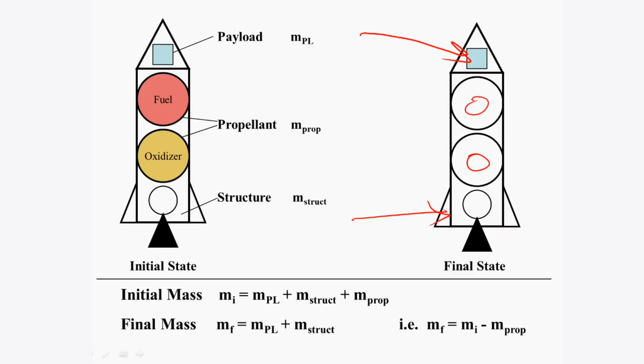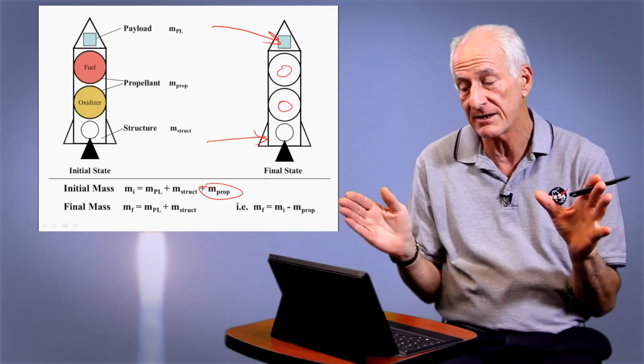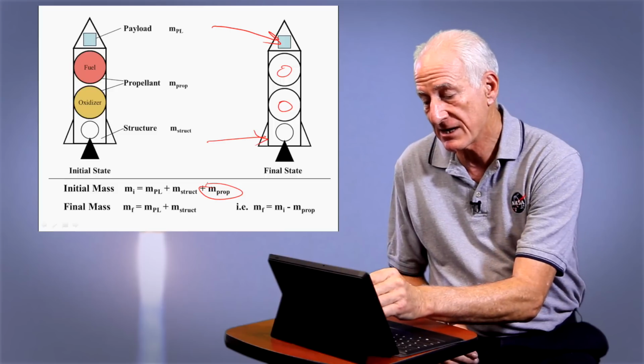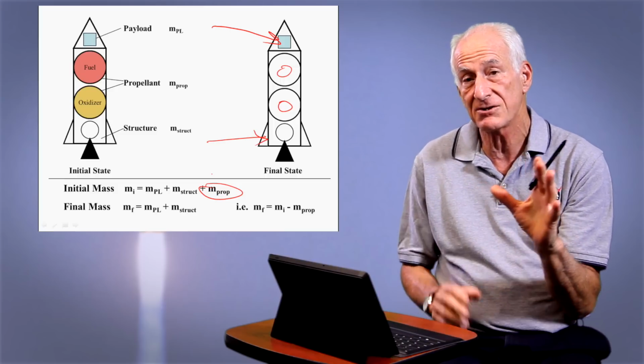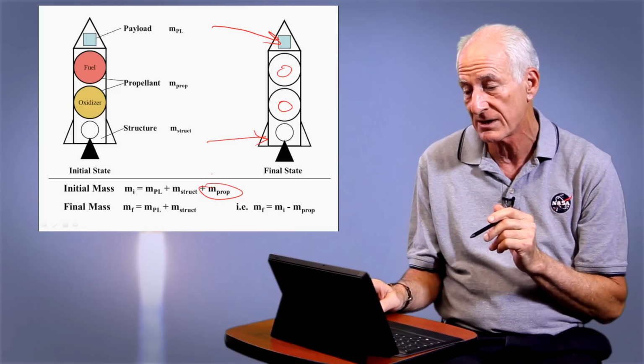And so the final mass of the rocket is now the initial mass of the rocket minus the mass of the propellant. This is just setting up the basics for calculating how much we can get out of that mass of propellant. The mass of propellant is fixed. It's limited by the size of your rocket and the way you store your propellants.